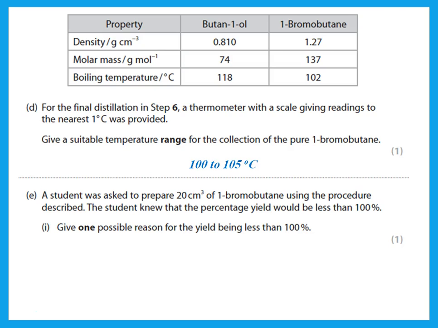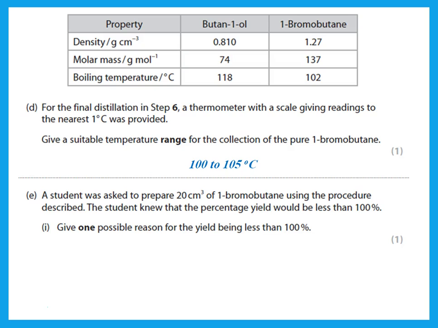So I want to collect within a range that is around the boiling temperature of 1-bromobutane, and that is nowhere near the boiling temperature of butanol. So the maximum I can collect to is about 105. So you can say about 100 to 105 or something around that range, but not much higher, or you will start to collect butanol with it.